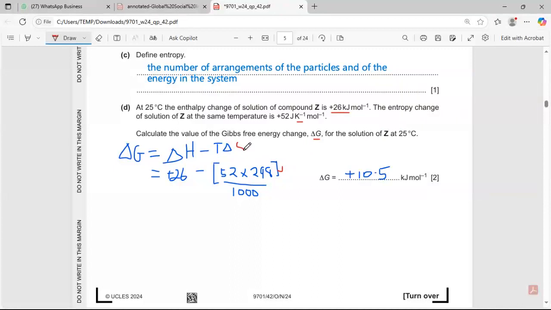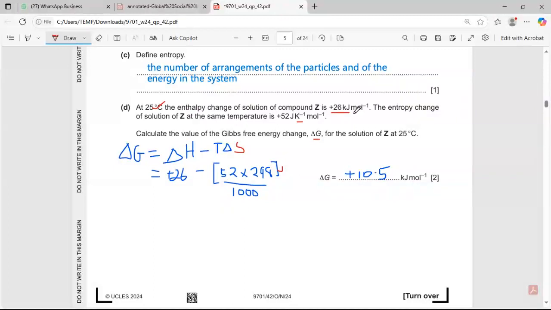Now, one of the things you need to remember is this equation: the change in Gibbs free energy is given by the enthalpy change minus temperature multiplied by entropy change. Your work is to substitute because you have everything. The temperature is 25, which you convert into Kelvin, which is 298. Then you place in the values and work it out.